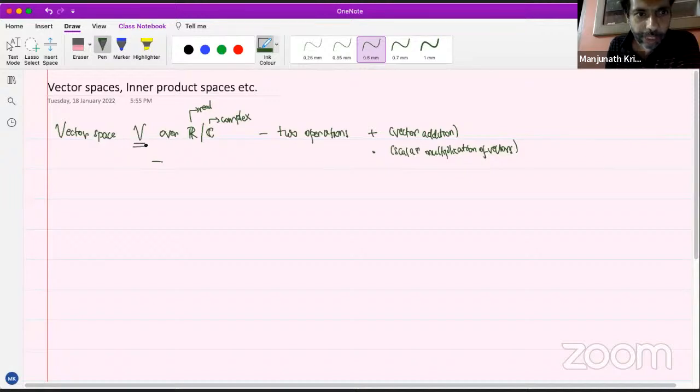The elements of V are called vectors, and these are scalars. The scalars are either real or complex numbers. We can do two things: we can add vectors, and we can multiply any vector by a scalar. So if v is a vector, you can do 2 times v. And then there are a bunch of compatibility conditions.